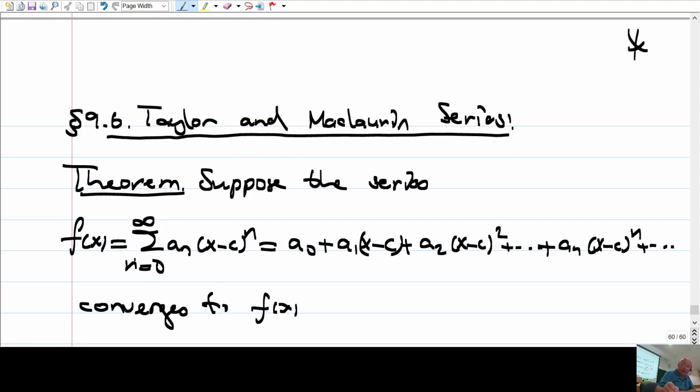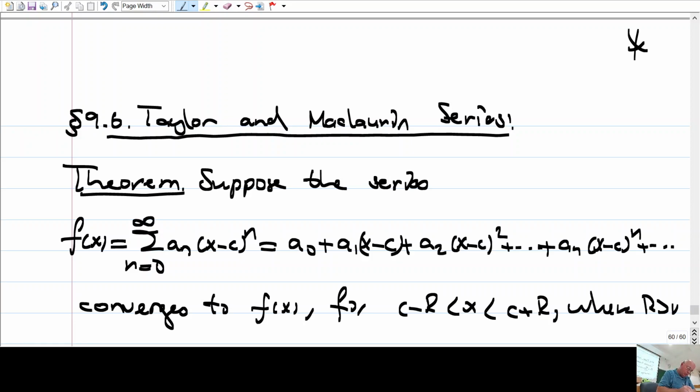Of course, when I write it like this, it already suggests that f of x is equal to this. But nevertheless, we say it again for x between c minus r and c plus r, where r is a positive number.